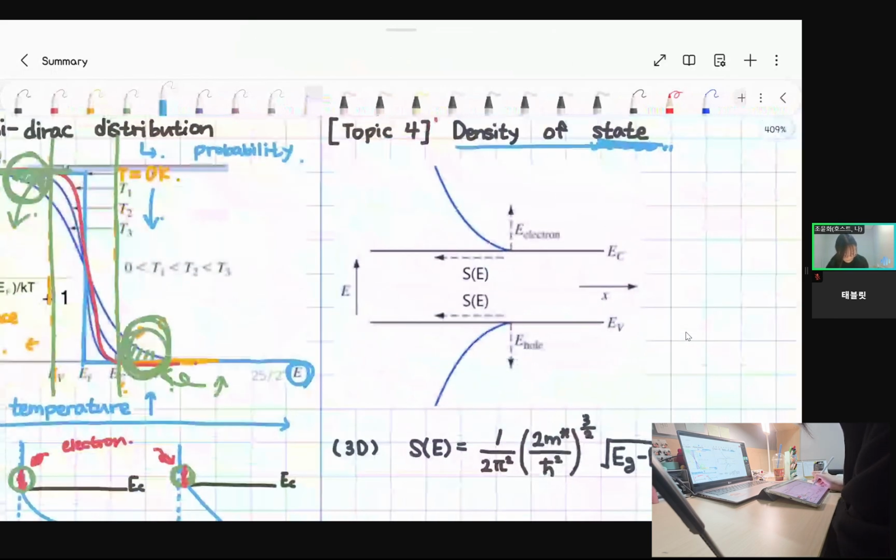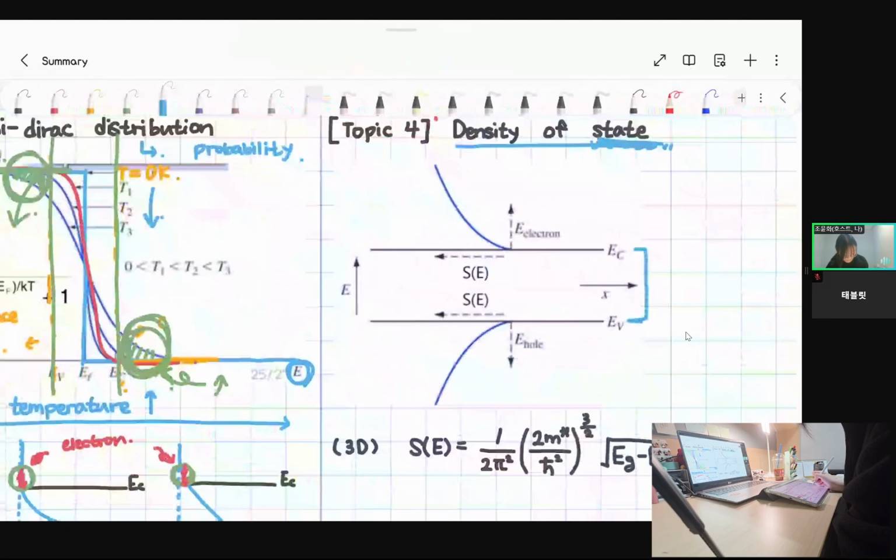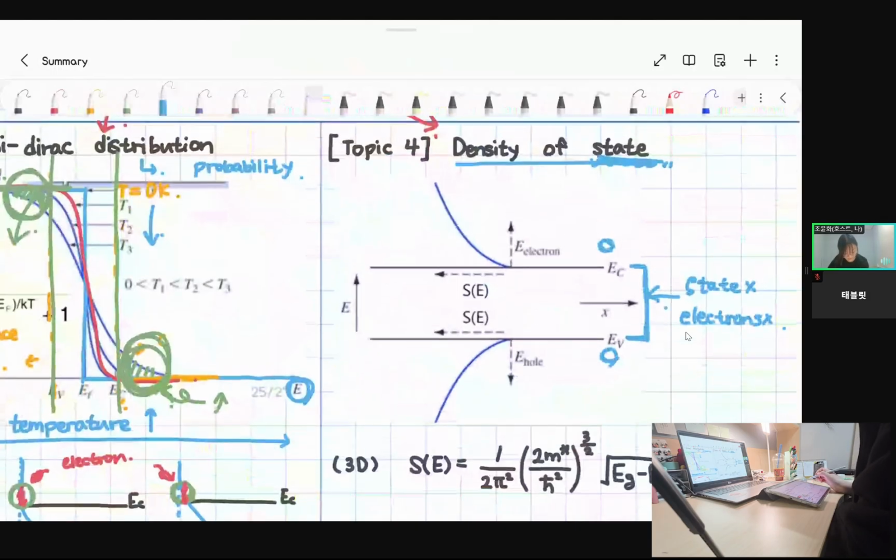We already learned that in the band gap there is no state and also no electrons. But in the valence band and conduction band, states can exist.